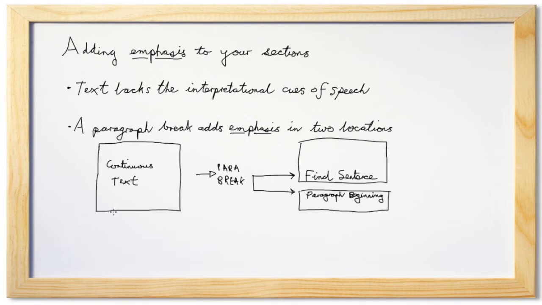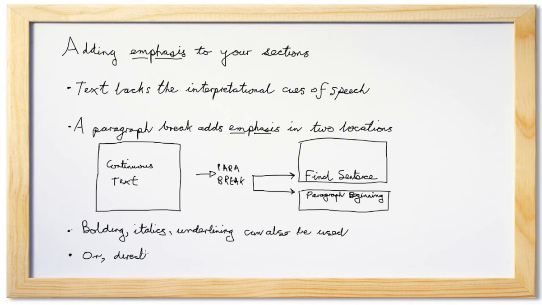There are other ways to add emphasis to text other than a paragraph break. These are more crude, but they can still be effective. You can modulate your writing voice, for example, by using bold text, italics, and underlining. Another strategy is to directly tell your reader that some item of information is particularly important.